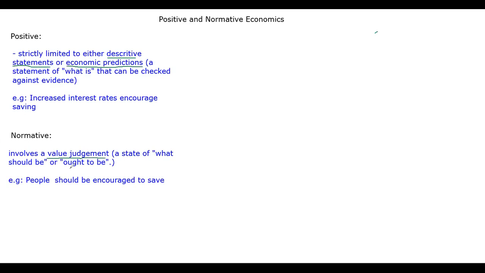Since you can't prove any normative statement to be right or wrong with the evidence available, because it is an opinion, that's what you'd call normative. That's the one way I use to really distinguish between positive and normative ones: whether or not you can prove it using evidence.